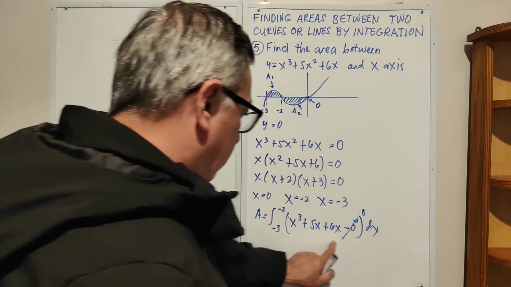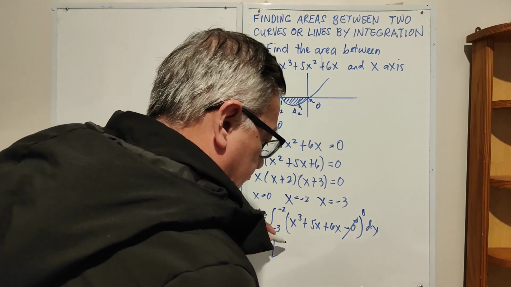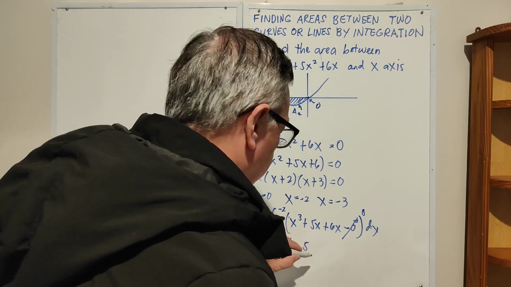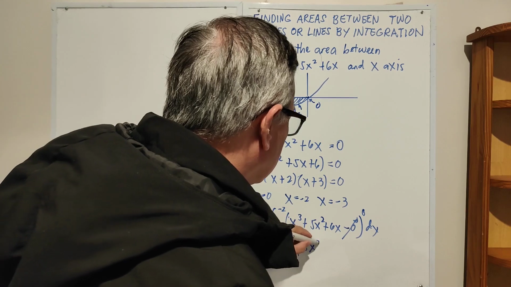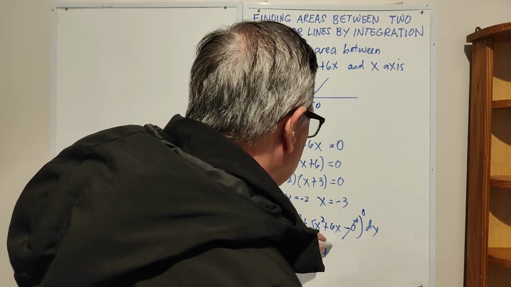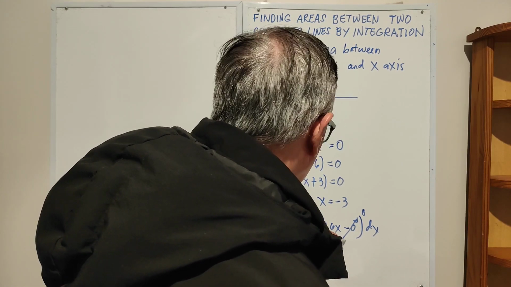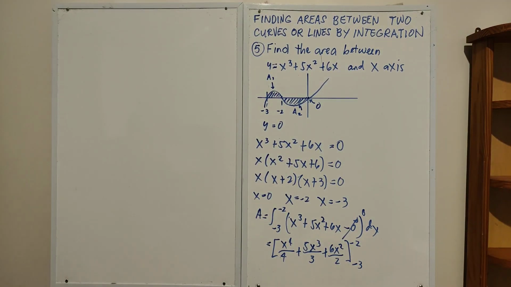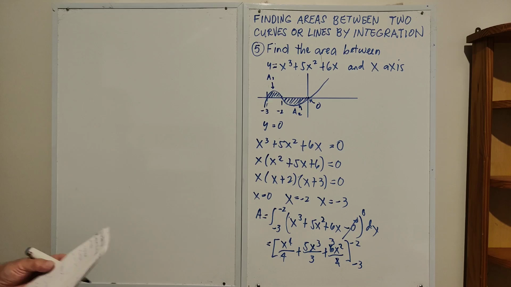So the integral of this one would be x to the 4th over 4 plus, sorry, this is 5x squared, so this will become 5x cubed over 3 plus 6x squared over 2, evaluated from negative 3 to negative 2. Now 6 divided by 2 is 3, so this can be 3x squared.